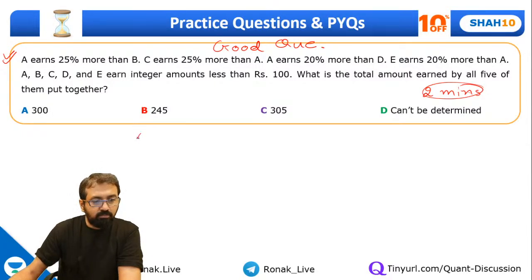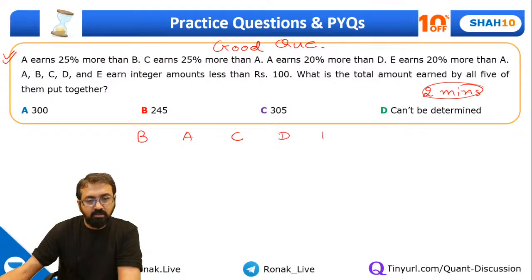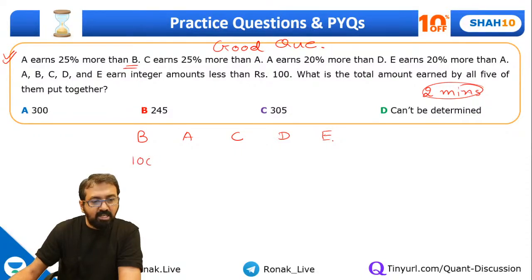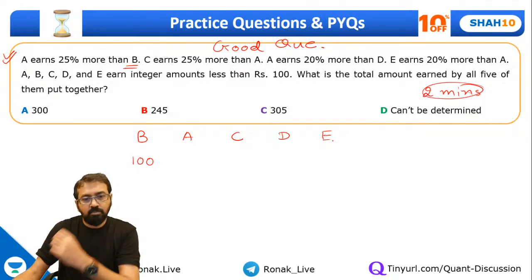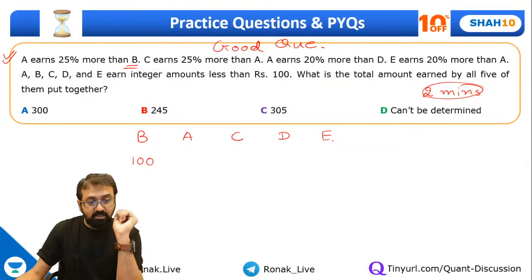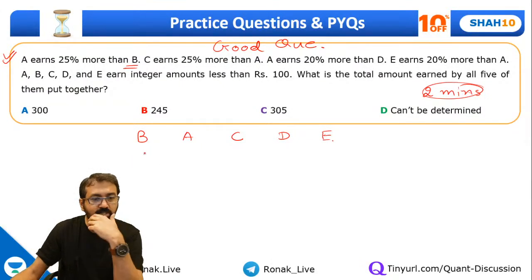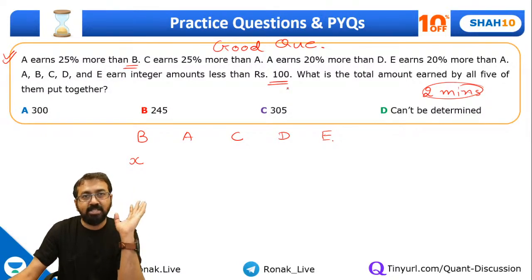So A, let me write it this way: B, A, C, D, E. Because A's value depends on B, if I take B as 100... guys, you can't take this value as 100, so take the value as X. In this question you will have to take X because you are given the information that each value is less than 100. So let's take this value as X.